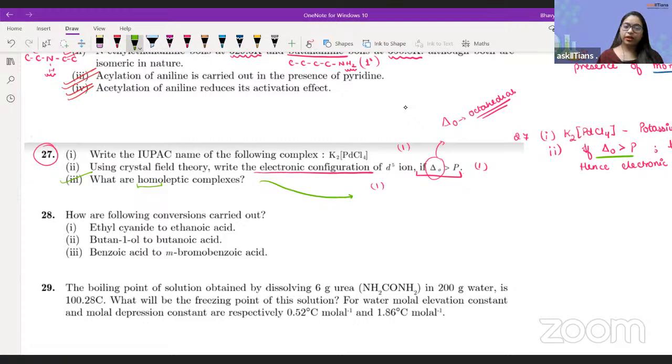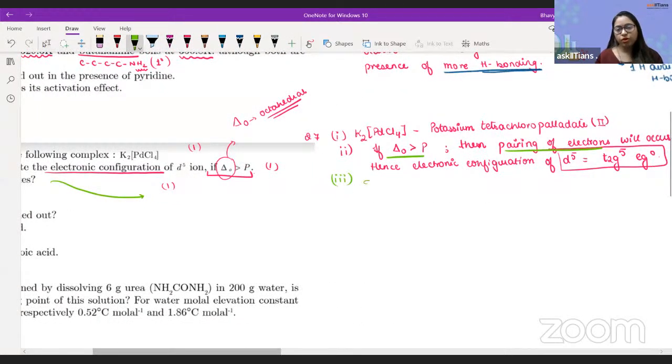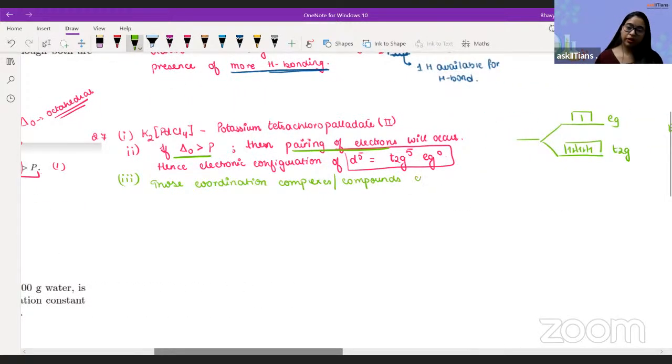So in this, you will be mentioning those coordination complexes or compounds containing or composed of the same ligands.